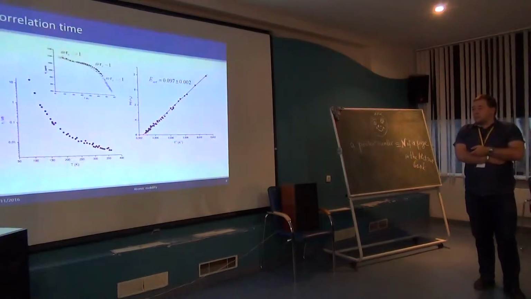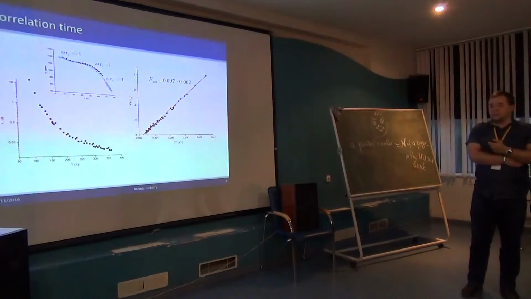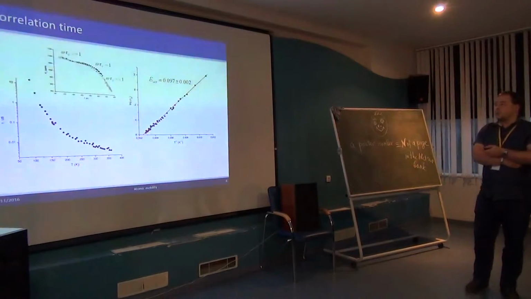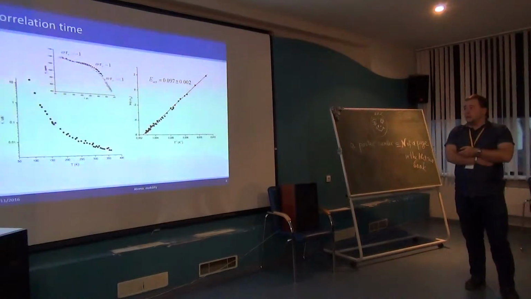And another point which is connected to the dynamic shift of resonance frequency: we know the temperature dependence of correlation time. In such a case, we could evaluate such a value as Larmor frequency multiplied by correlation time.